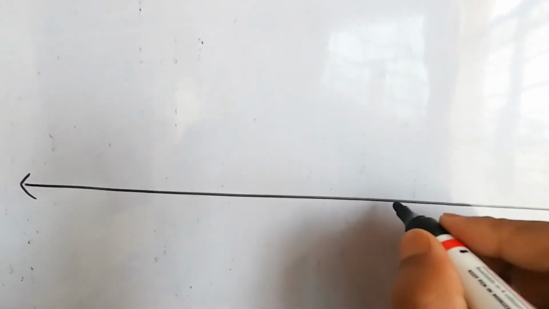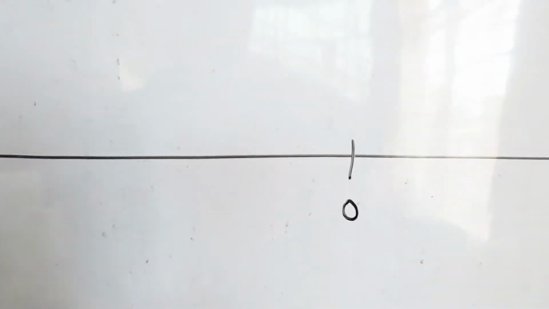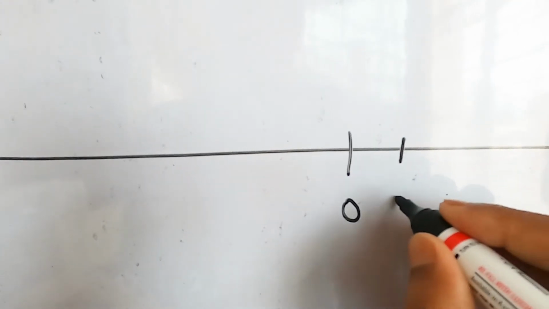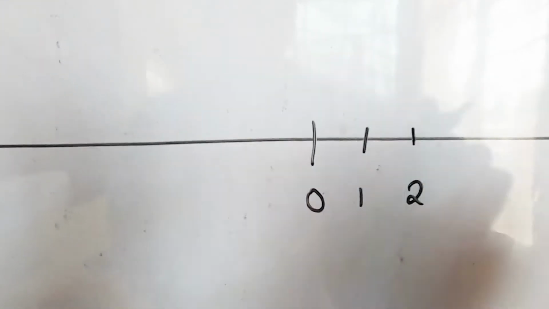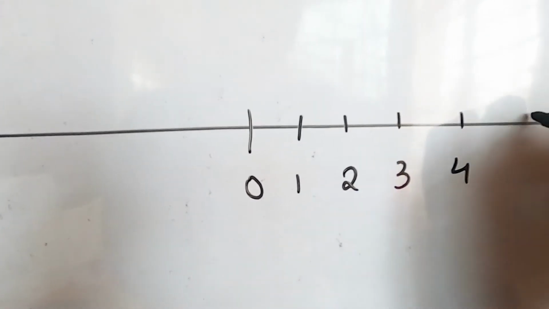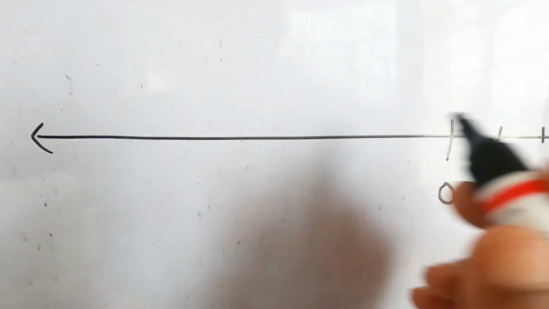So what we will do first is we will draw the middle point of the line. Then using equal distance, let us mark here 1, 2, 3, 4, 5, 6, 7.